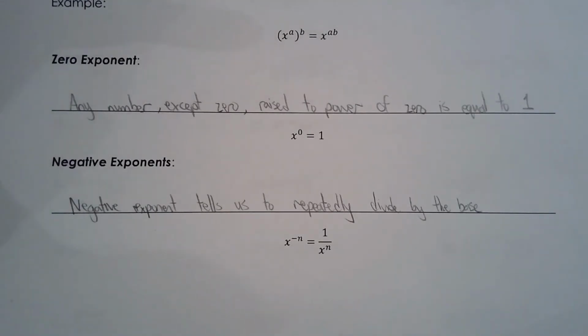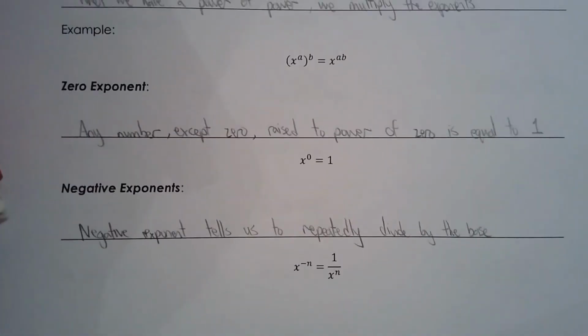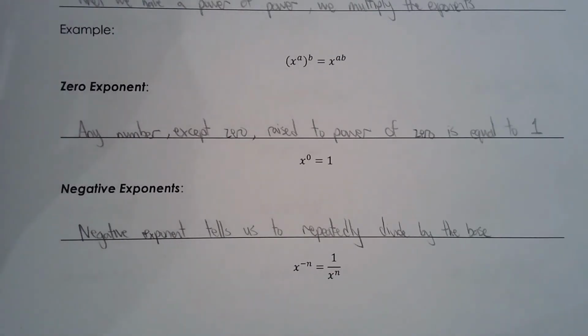What it really tells you is that you're repeatedly dividing. So with 2 to the power of negative 3, you're dividing by 2 three times, as opposed to 2 raised to the power of 3, which means you're multiplying 2 three times, so 2 times 2 times 2, as opposed to divide by 2, divide by 2, divide by 2. Anyways, that covers your exponent laws from grade 9 and grade 10.